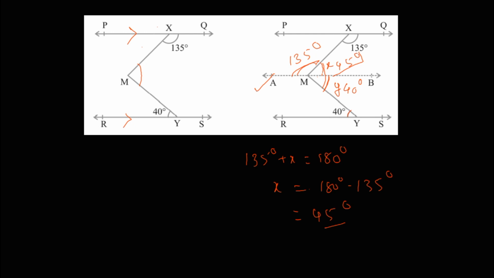Similarly, it is also forming a linear pair. You can see the concept. These are on a straight line, so this is forming a linear pair. So if this is 45, this can be calculated as 135 using the concept of linear pair of angles. Here also the linear pair is formed, so if this is 40, this angle will be 140. And you can see the concept of interior angles on the same side.